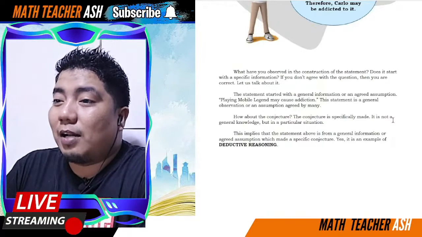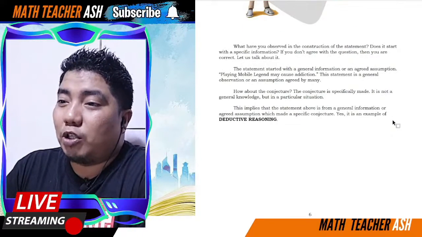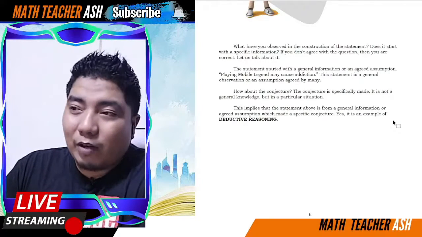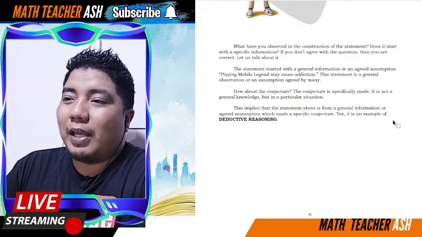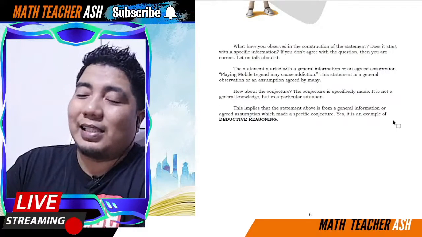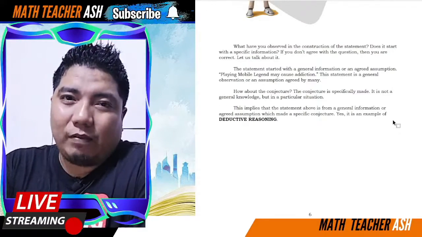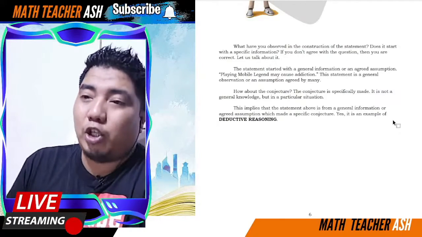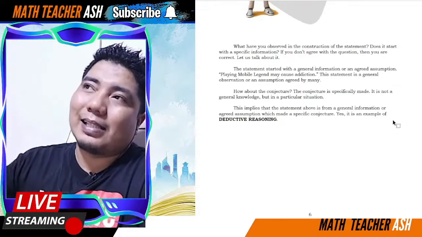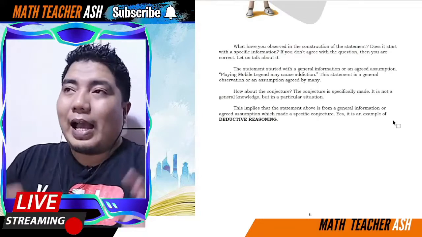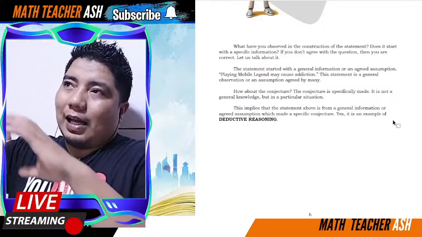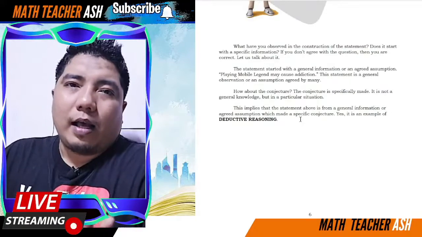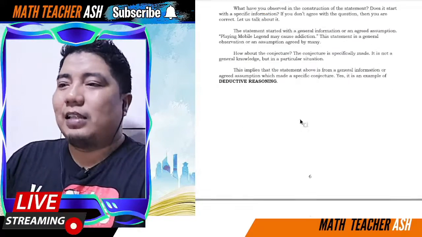It is not a general knowledge but a particular situation. This implies that the statement above is from a general information which made a specific conjecture, and this is an example of deductive reasoning. Okay, so I hope, my dear math learners, na klaro yun sa inyo, na kapag ang isang conclusion ay nagmula sa isang factual information, ang ginamit doon is deductive reasoning.